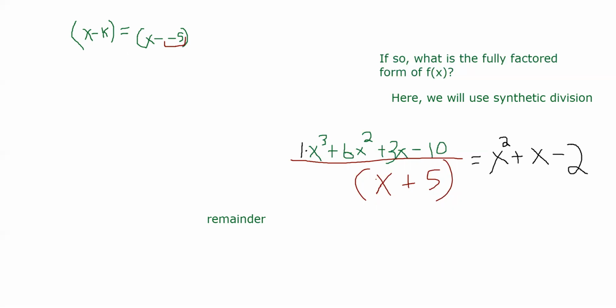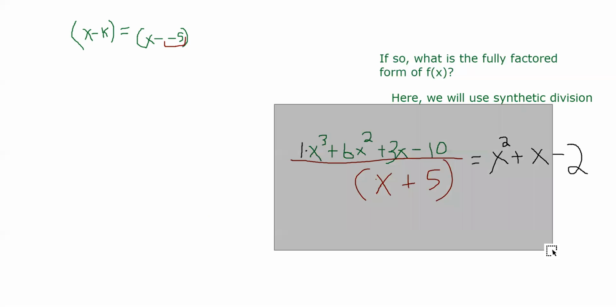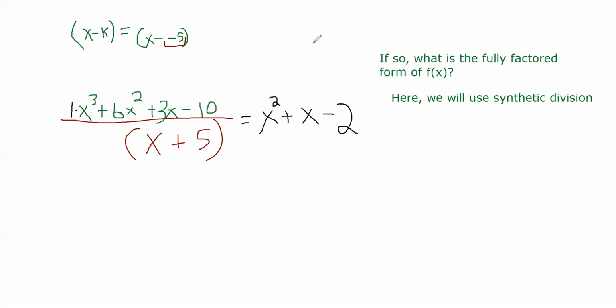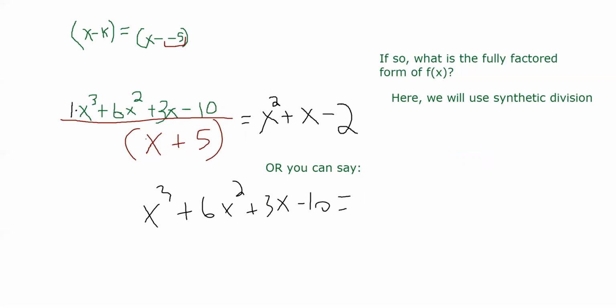Another way to express that, you can say that x cubed plus 6x squared plus 3x minus 10 can be factored as x plus 5, because we've already proven it's a factor, times the leftovers, what we got from synthetic division, x squared plus x minus 2.